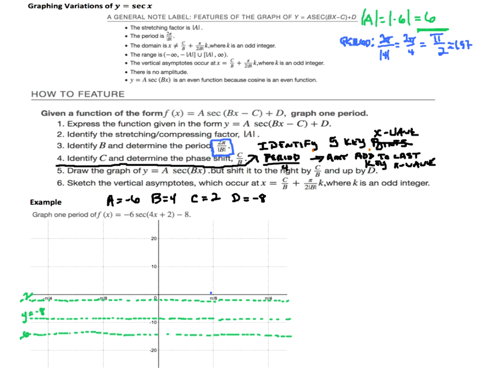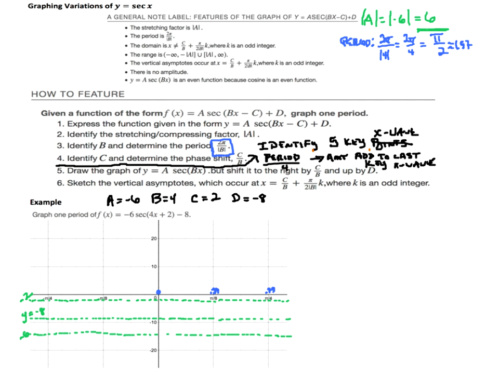I'll just put it above the axis here, 0.39. Pi over 4 is approximately 0.79. And of course we have 0 here. And I'll fill in a couple more as we move forward in this problem.